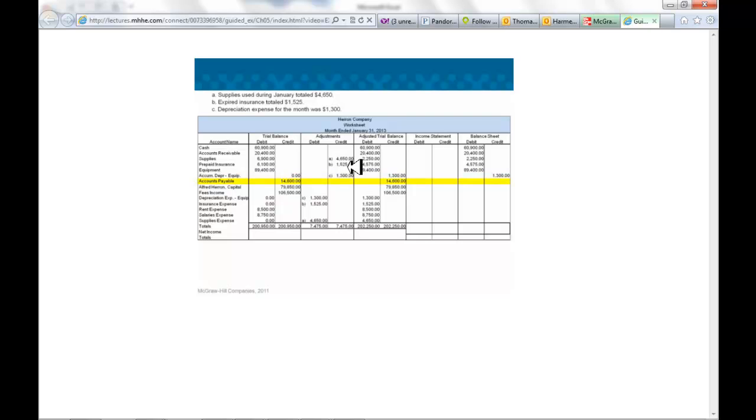Accounts payable is a liability. It belongs on the balance sheet. The capital account really belongs on the statement of owner's equity, but we include the capital and drawing account in the balance sheet columns. Fees income is a revenue account. It belongs on the income statement. And our expense accounts all belong on the income statement.